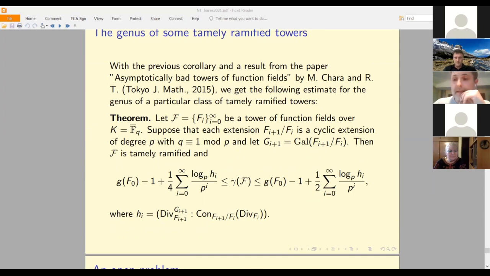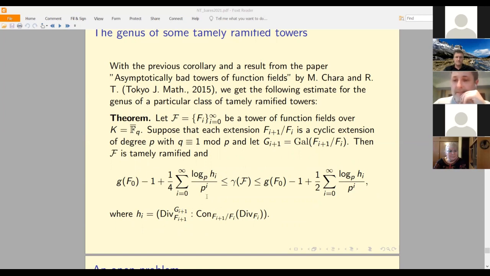Then the tower is totally ramified by this condition here, and the genus can be estimated from above and below by this series here, where appears this logarithm base P of H_i, and this is the index of this group, the conorm of the divisor fixed by the Galois group in the next step.